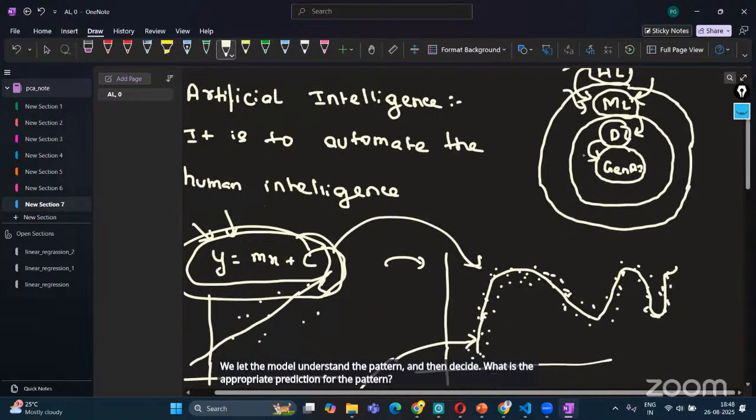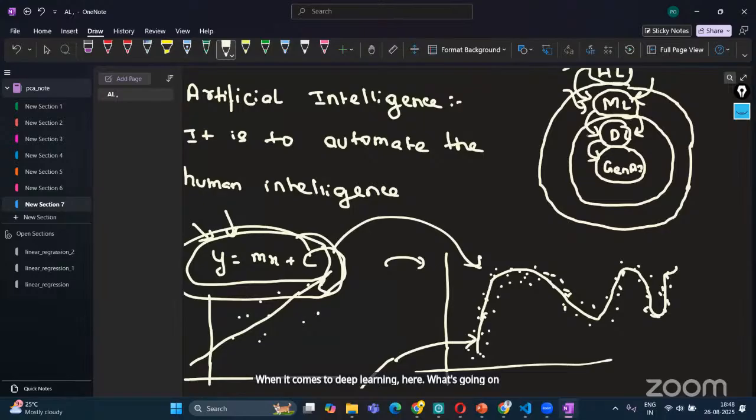When it comes to deep learning, in most of the basic ML models, like logistic regression, linear regression, SVM, KNN, DBSCAN, we are dealing with structured data. But what about unstructured data?